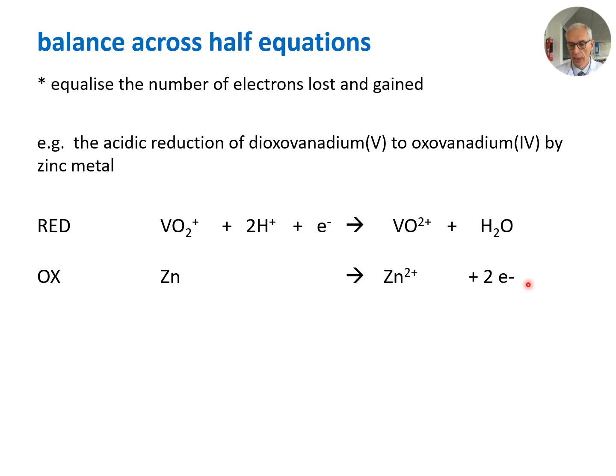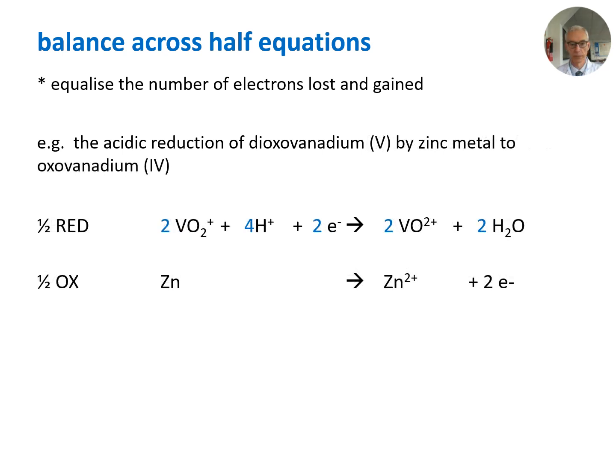So to equalize the numbers of electrons lost and gained, we need to multiply the reduction by 2. So here is the reduction multiplied by 2.